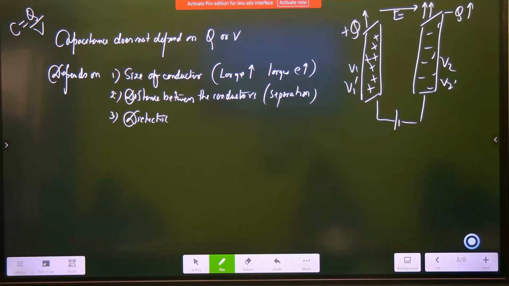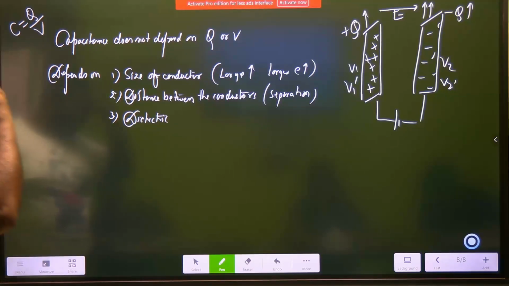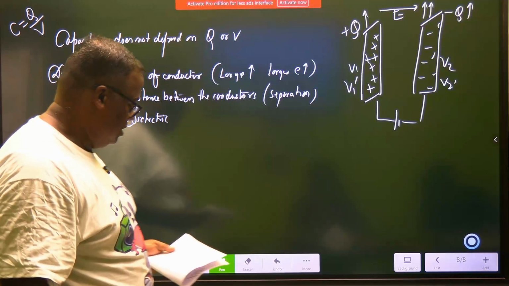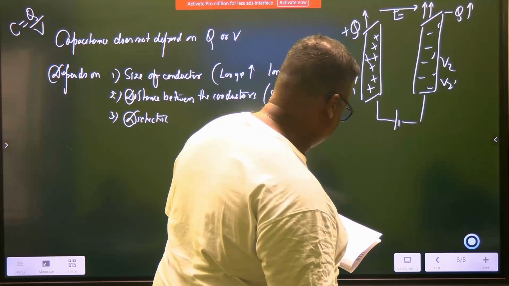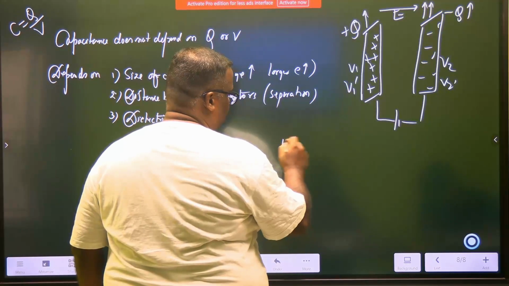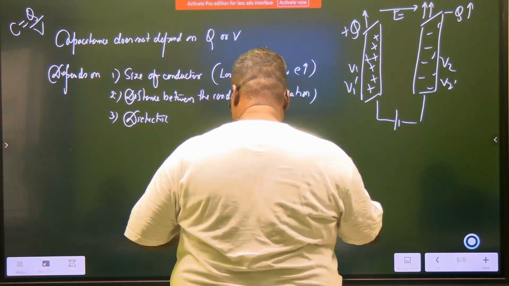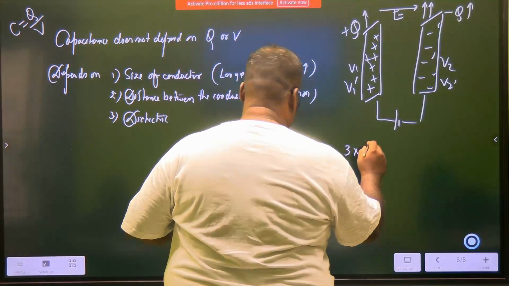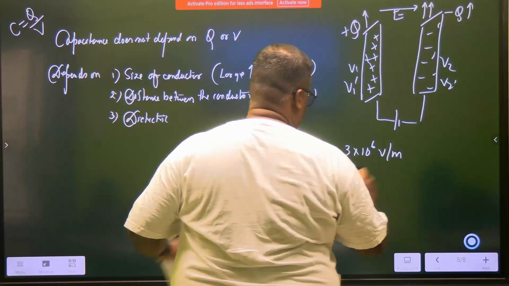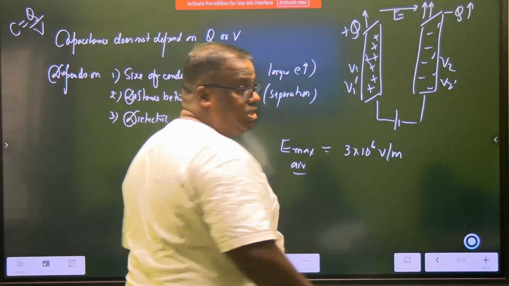So write down dielectric strength: the maximum electric field a dielectric can withstand without breaking down is known as dielectric strength. Maximum electric field.